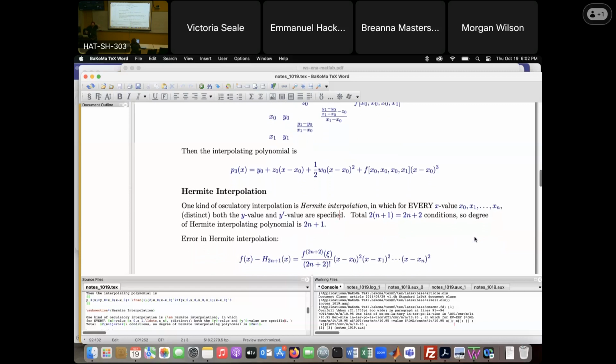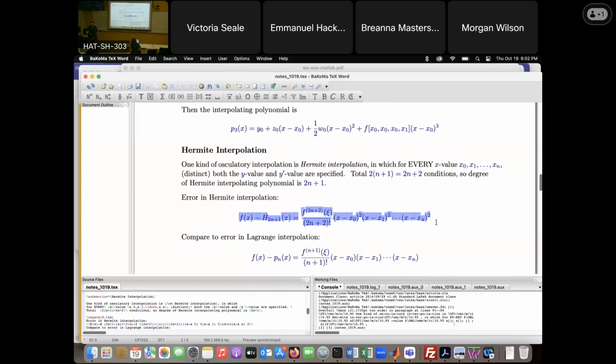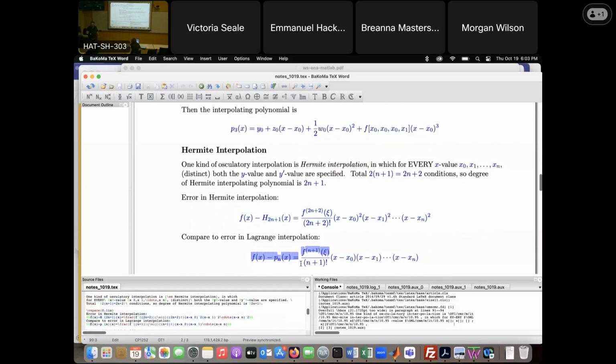So here is the error formula for the Hermite interpolating polynomial. And this is what we saw last time, just for ordinary Lagrange interpolation. Quite similar, and totally consistent with one another, because whatever the degree of your interpolating polynomial is, you add 1, and that's the order of derivative that you have in your error formula at one point.